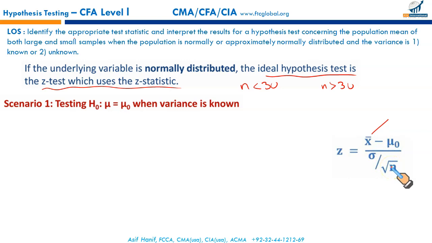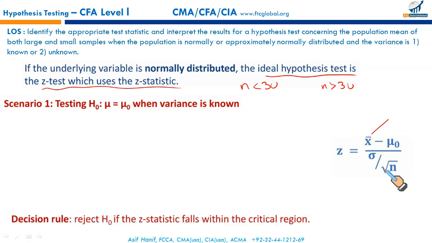We've already discussed this. Once we have computed the z statistic, we compare it with the critical value that corresponds to the level of significance, 5% or 1%, whatever it might be. For example, if the significance level is 5%, the z statistic is compared against the upper or lower 95% point of the normal distribution. We just did it. The decision rule is to reject the null hypothesis if the z statistic falls within the critical region.